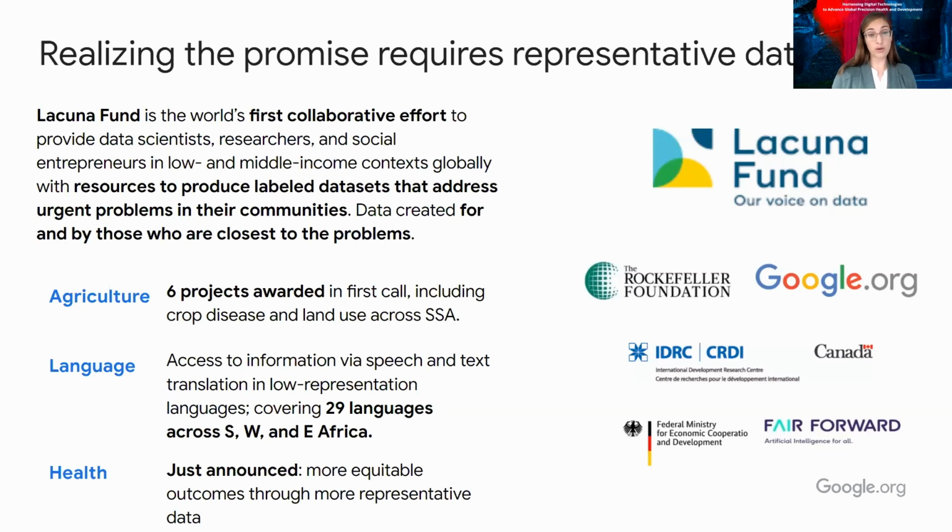There's 3 areas that work has started: agriculture, so thinking about things like crop disease or soil moisture, not the data that we're using here in the US where I'm standing, but importantly, represented across sub-Saharan Africa.